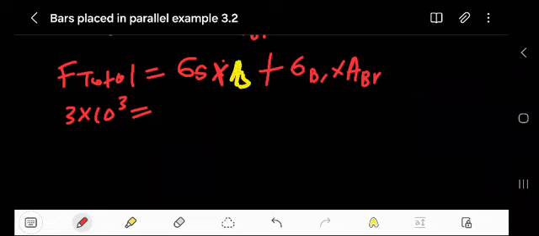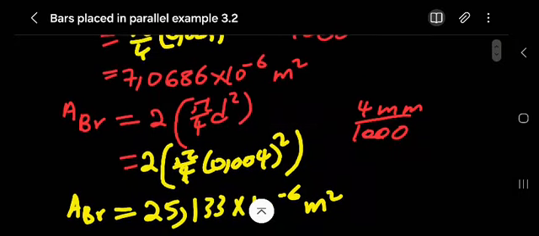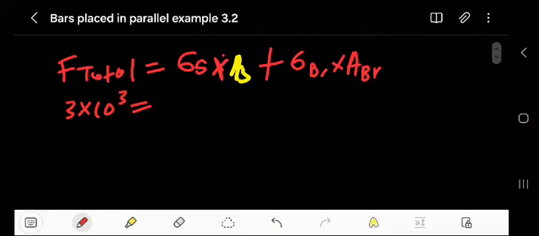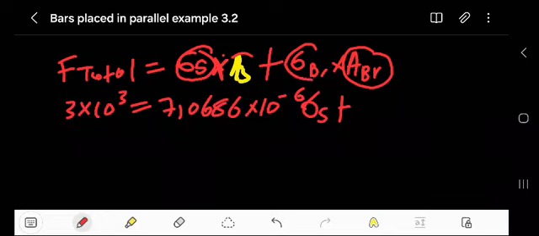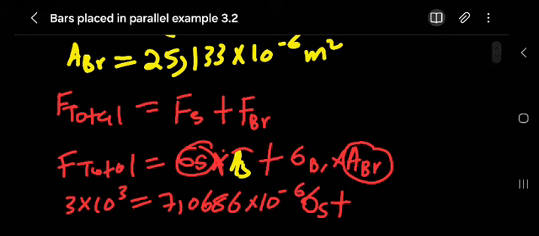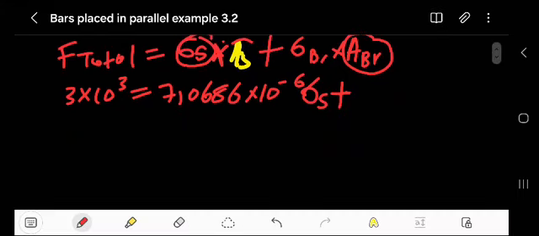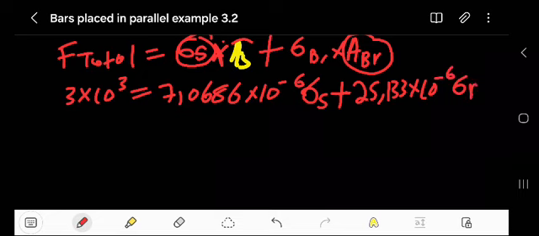The area of that one is the one that we've calculated, still at the top, 7.0686 times 10 to the minus 6, multiplied by the stress of the steel, because we don't know that stress, plus the area of this one, 25.133 times 10 to the minus 6. Then we don't know the stress of the bronze, like this.